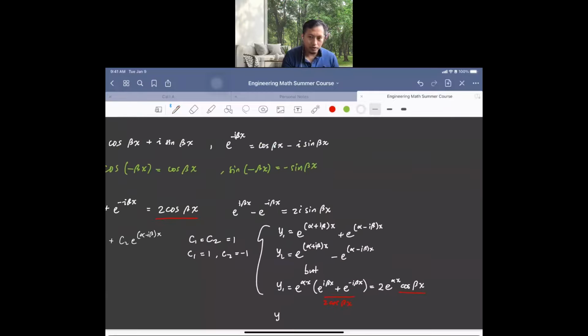And then the other one, y2, e to the alpha x, this will be 2i e to the alpha x sine beta x.